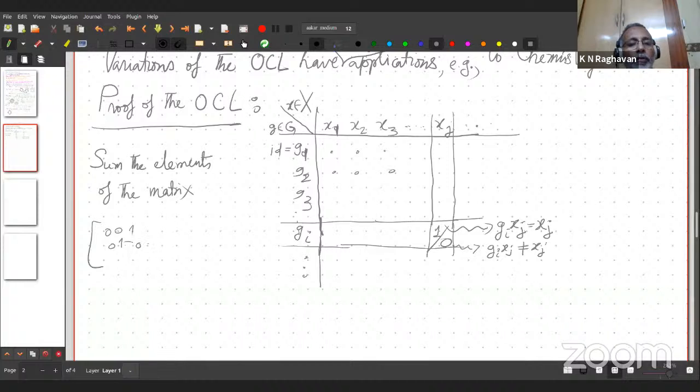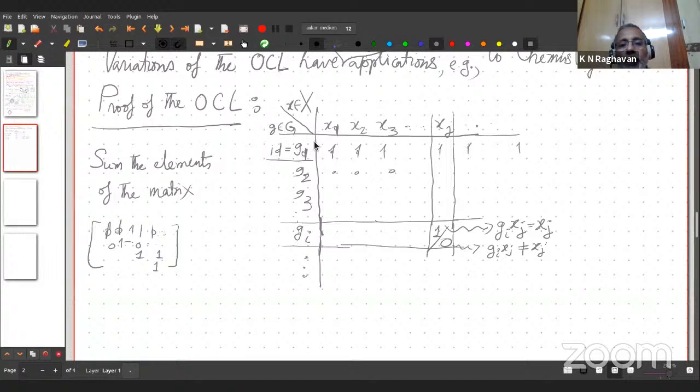I'm just drawing some arbitrary, illustrative thing. There are some ones here and there, right? In fact, if this is the identity, the first row will all be 1, right? Because identity fixes everything. I'm just trying to give you a feeling for this matrix. So the first row is all 1 because this is identity.